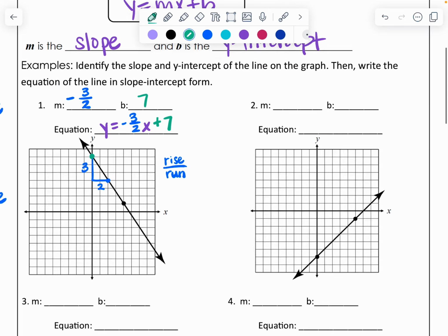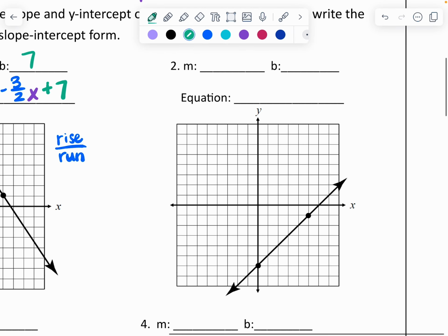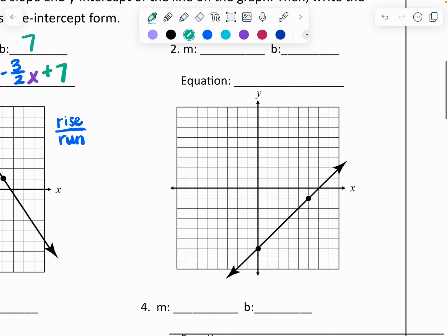Number 2. Here's my line. I'm going to look for a point that might be closer together. You can use the points that are plotted here, but you may end up having to simplify the fraction.